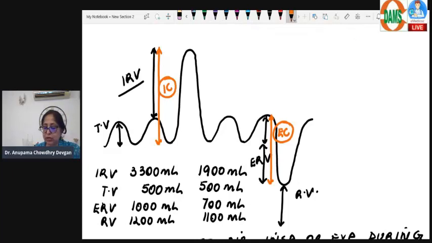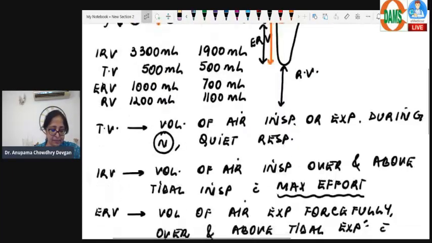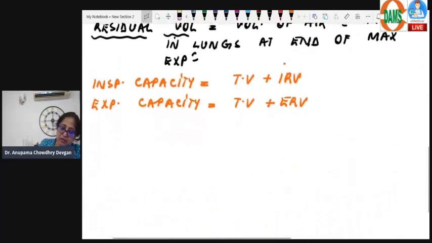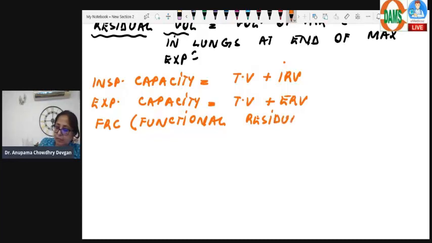Then comes, what do you understand by functional residual capacity? FRC, this is known as the functional residual capacity. What is FRC?